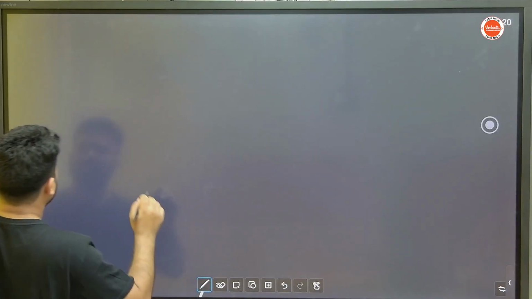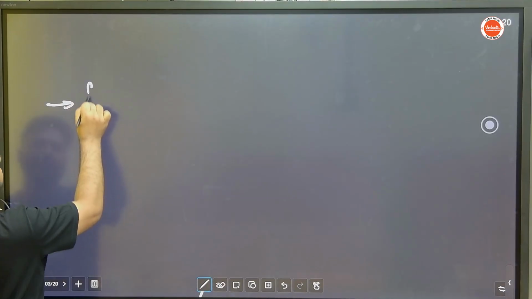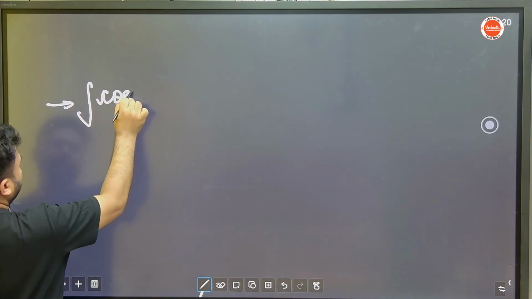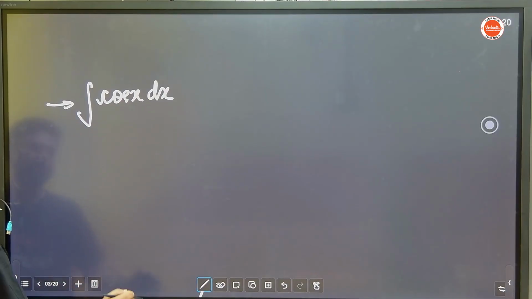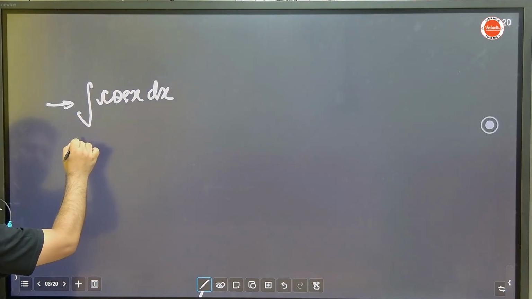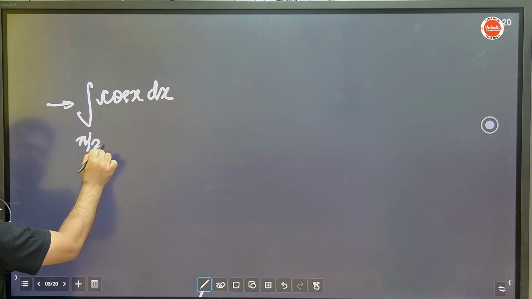Suppose they give integration of cos x dx. Here if we have x, here will be dx. From pi by 2 to pi.